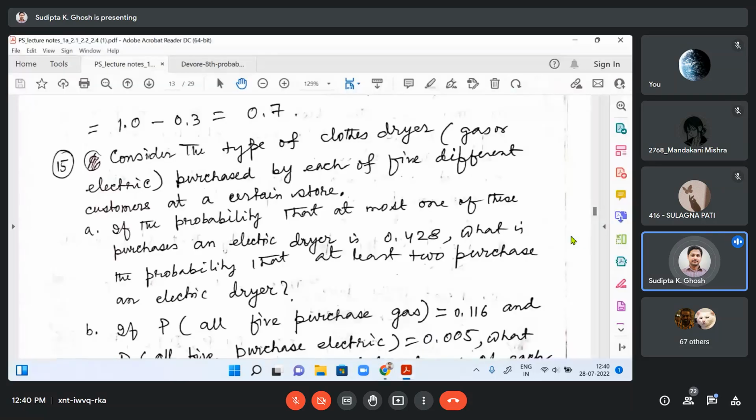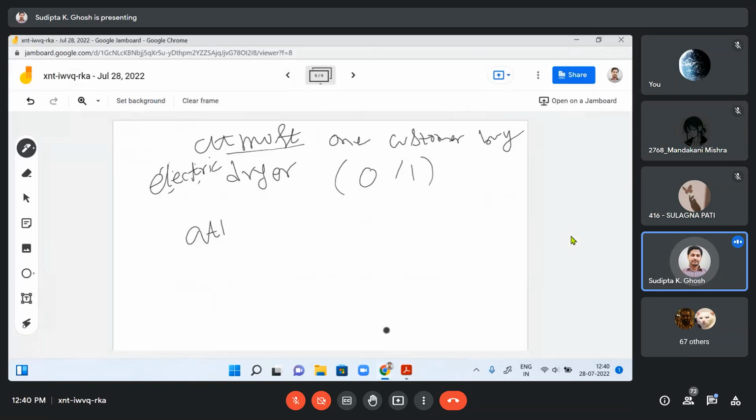Now, what is the probability that at least 2 purchase an electric dryer? At least 2 electric dryers purchased.